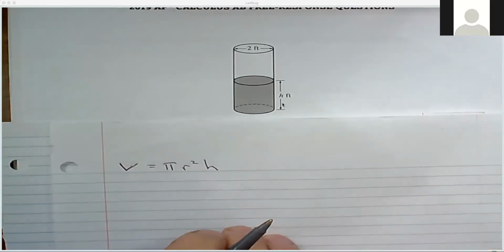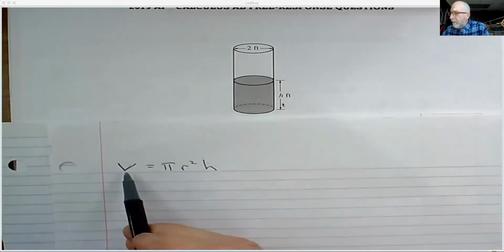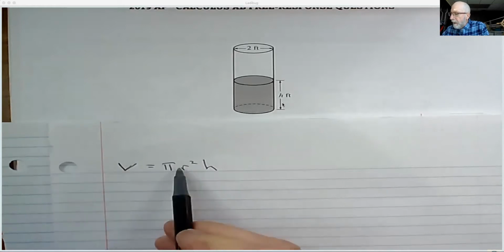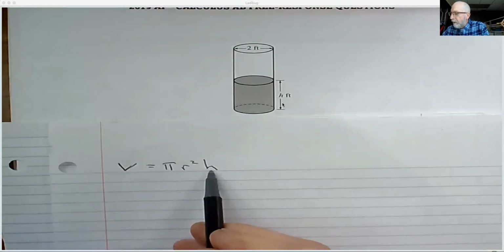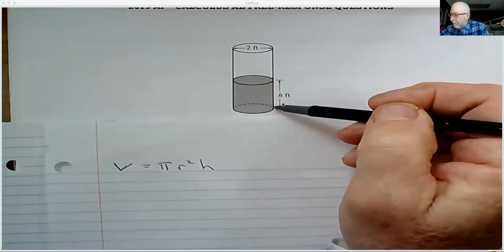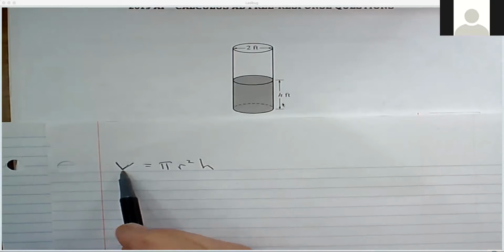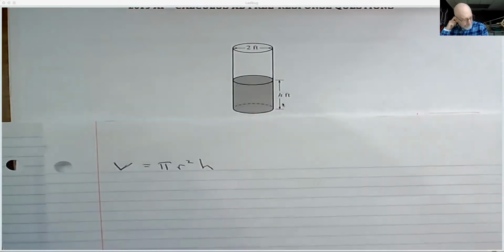Yes. Okay, super. Now, as you know, you notice I have 3 variables here. I have volume, I have radius, and I have height, correct? So as this amount of water drains, is the volume changing? Of the water that's in the cylinder?